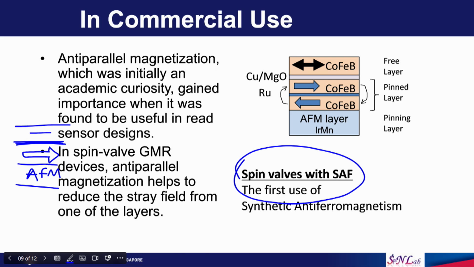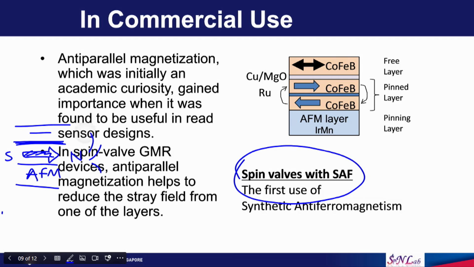Whenever I draw an arrow, you can imagine that this is like a magnet. You are magnetizing a material in one particular direction, so this is like a tiny magnet. You know that magnets will generate a magnetic field, so this layer will generate some magnetic field.